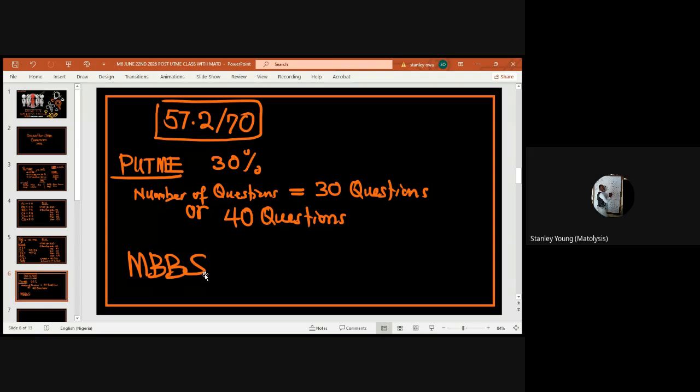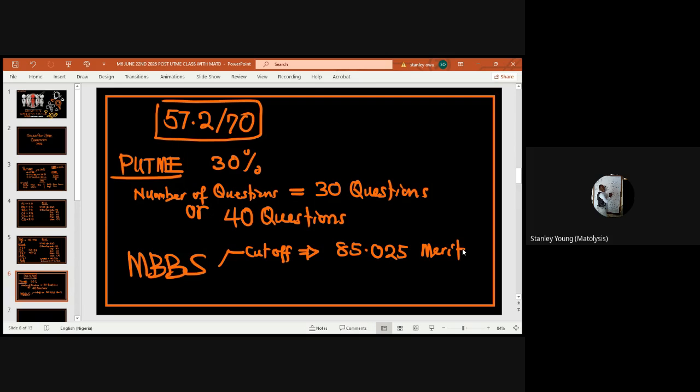Currently under the College of Medicine, the cutoff mark for medicine is 85.025. That's the merit cutoff mark for medicine.